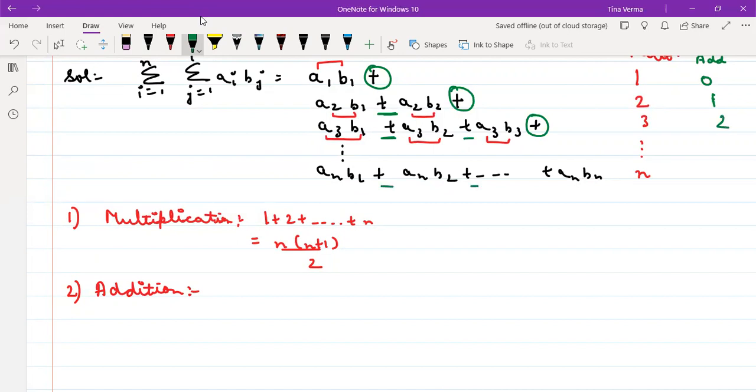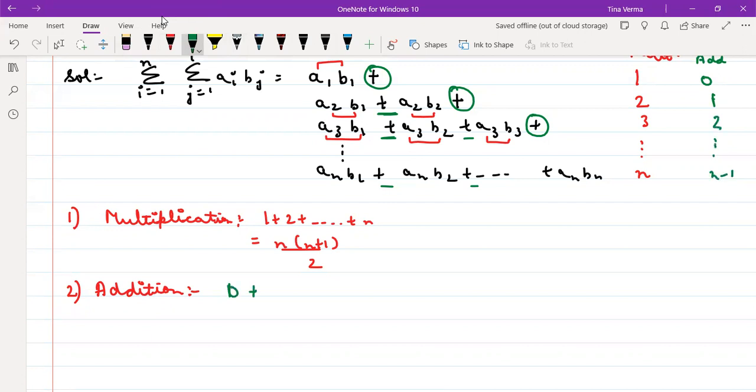And in the last case, we have n minus 1 additions.